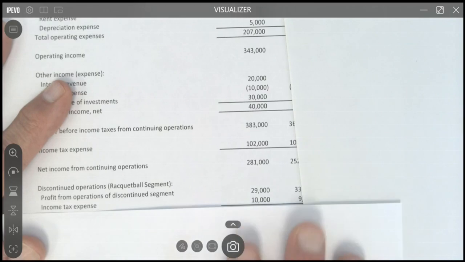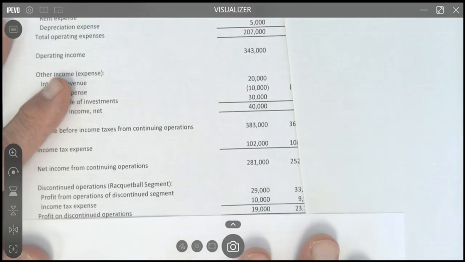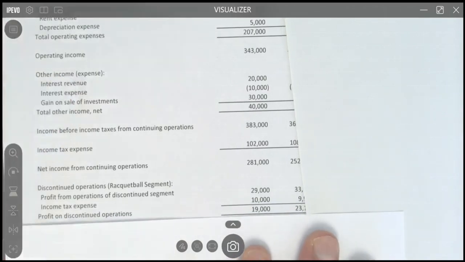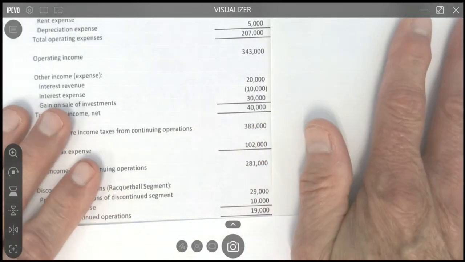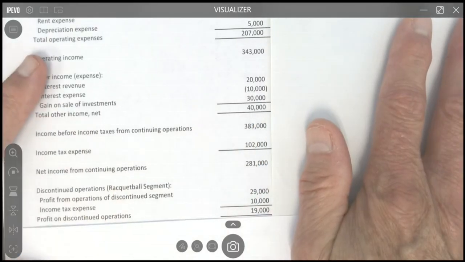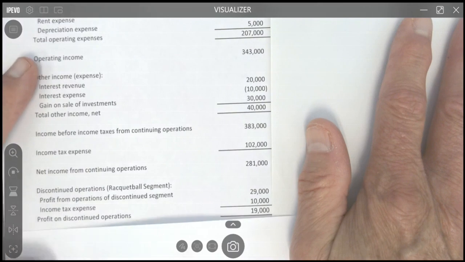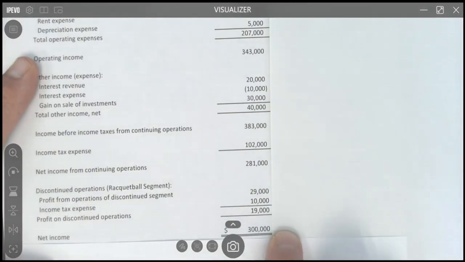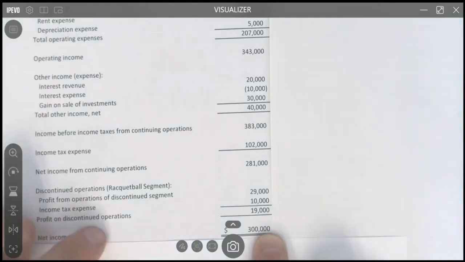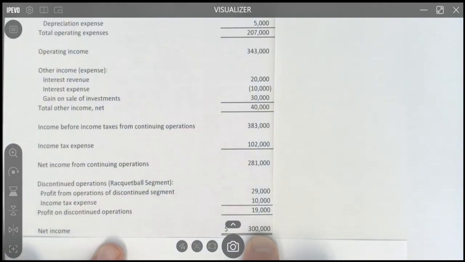The income tax expense was $10,000, and so net profit on the discontinued operations was $19,000. And net income is that same $300,000.